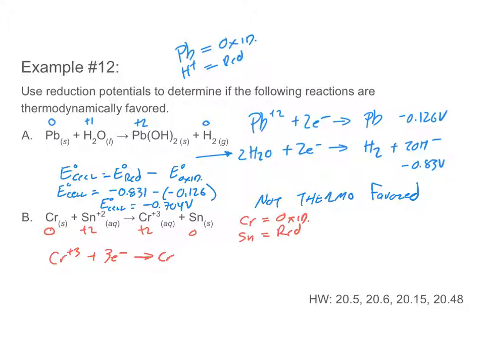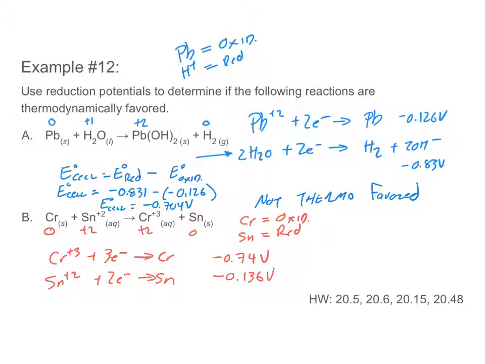And according to the textbook values, the half reduction potential is negative 0.74 volts. For tin, the half reduction potential is negative 0.136 volts.